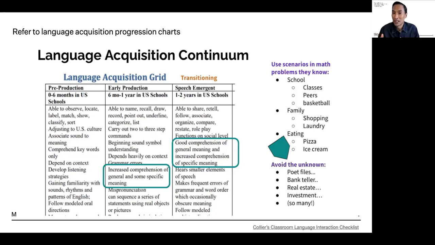Avoid scenarios where you know like a 6th grader or 7th grader wouldn't be, or even like a 10th grader. In the bank, real estate, investing, unless you're really going to teach those things. I've seen these scenarios in math classes. I had to ask the teachers, like, do the students really know this is the language that goes to like using a bank? They'd have to switch that lesson into more of like a school setting. That's kind of like a tangent.